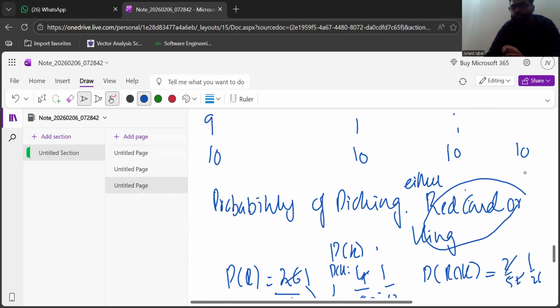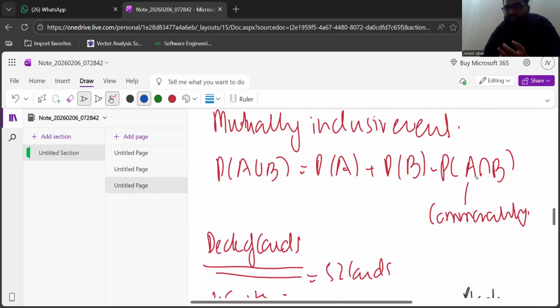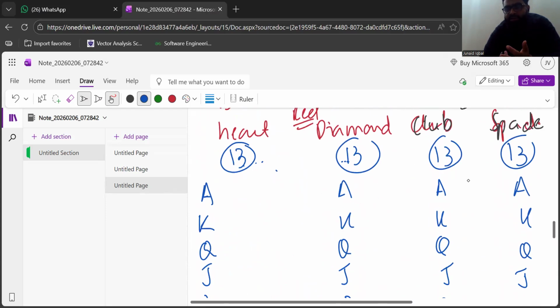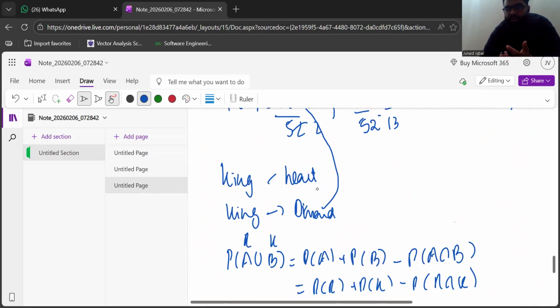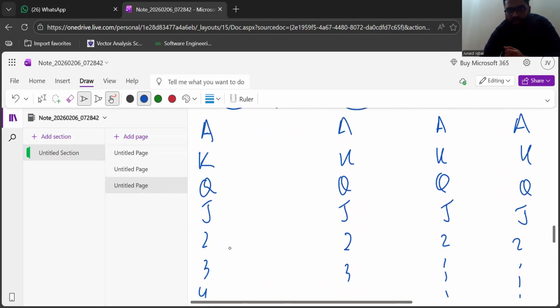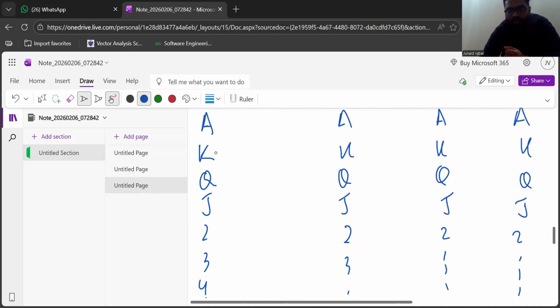So this is how mutually inclusive events work. What is inclusive in it? The king element is inclusive because the king is included in the category of 26 upon 52, which is the red, and the king is included in the king category too, because there are four kings overall.